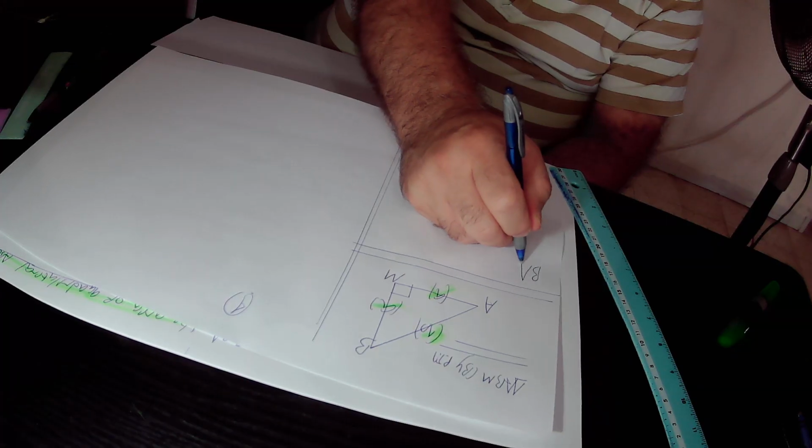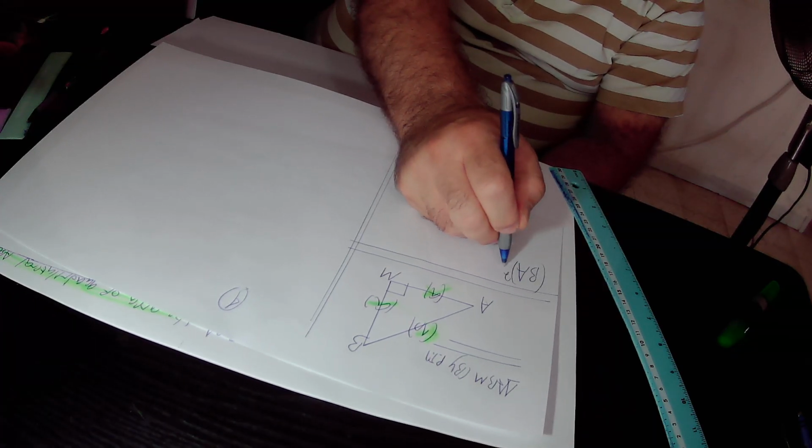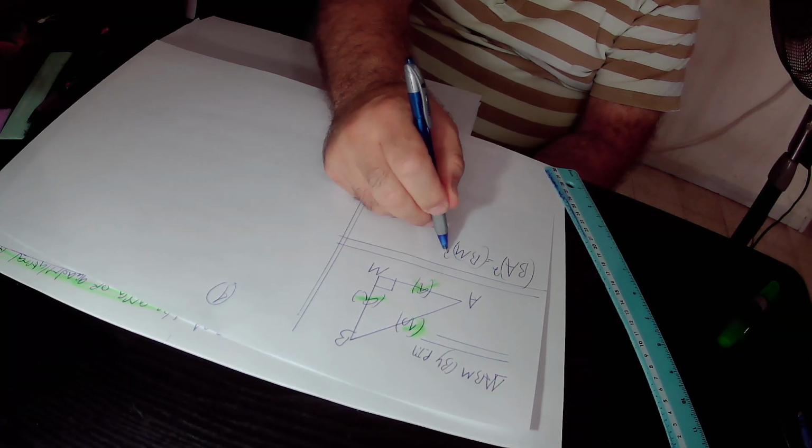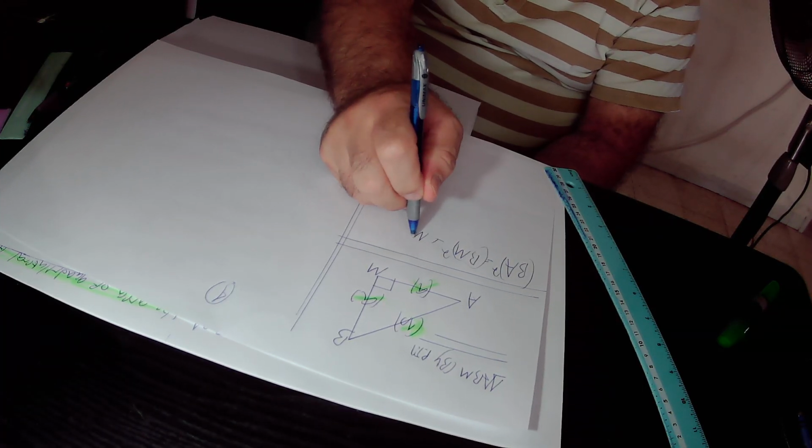BA squared, the square of the hypotenuse, equals BM squared plus MA squared.